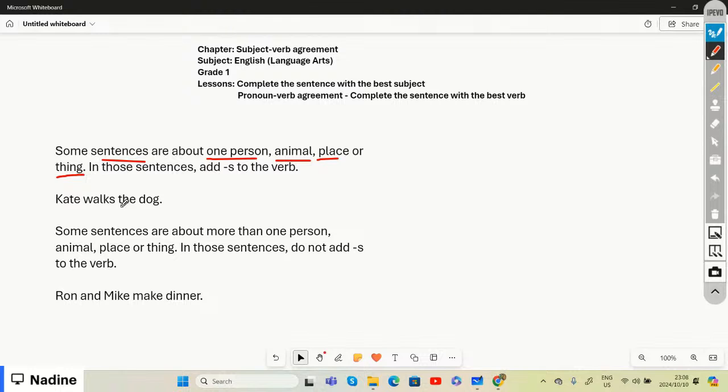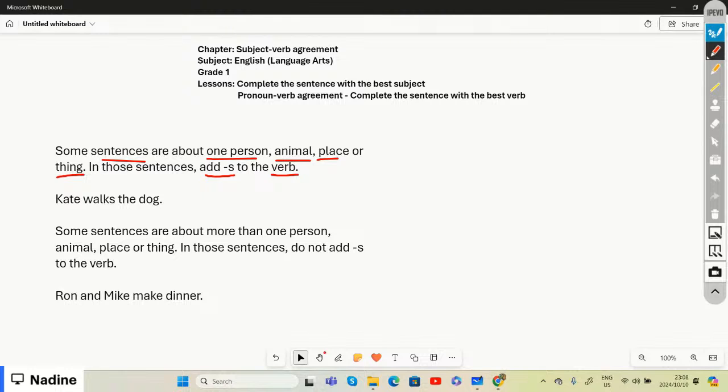We call that the subject. If the subject is only making mention of one person, one animal, one place, or one thing within that sentence, then we need to add an s to our verb.